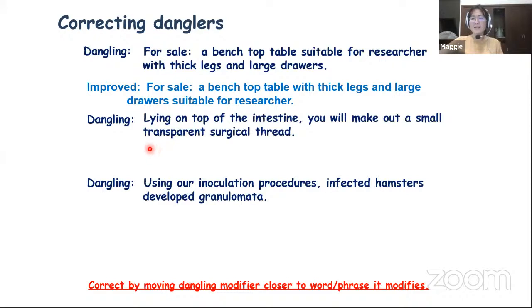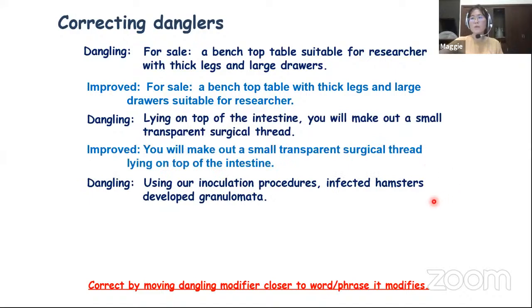Then next: lying on top of the intestine, you will make out a small transparent surgical trend. Improve it: you will make out a small transparent surgical trend lying on top of the intestine. So next: using our inoculation procedures, infected hamsters developed granulomatous.